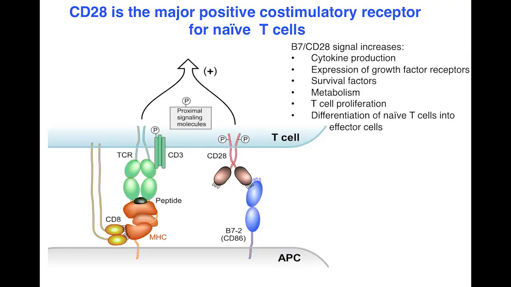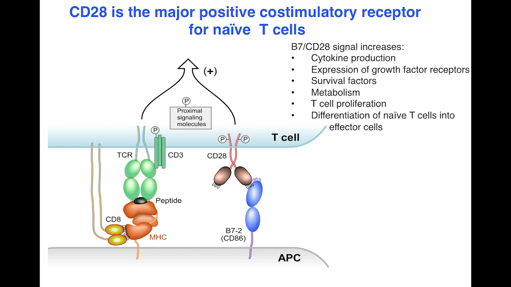So what do we know about CD28? And in this one slide, I have summarized years of work, many graduate student and postdoctoral experience. We know that CD28 is the major costimulatory receptor for naive T cells.